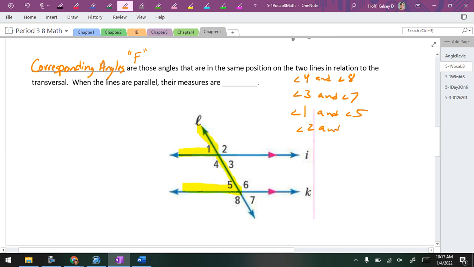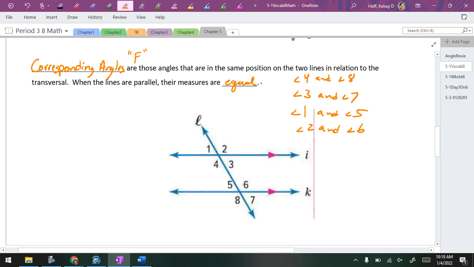Absolutely. And when the lines are parallel, their measures are equal. All your angle measures are equal except supplementary and complementary. All of them are equal except supplementary and complementary.